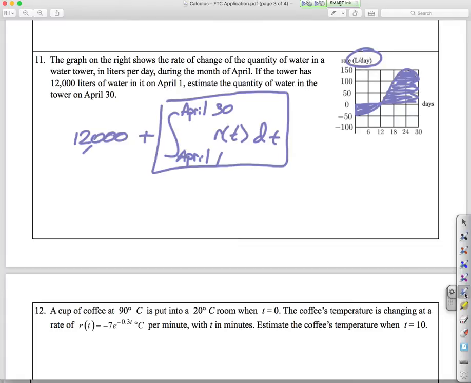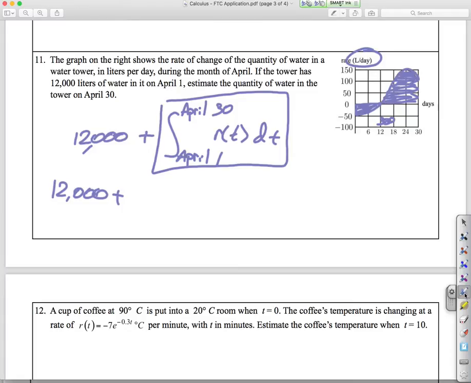Somebody besides Zach, tell me why each little rectangle is worth 300. Yeah, there's 6 wide and 50 tall. So all I've got to do is add up all those, or estimate each one of those, and then add it to my 12,000. Right? So let's start with the first one.